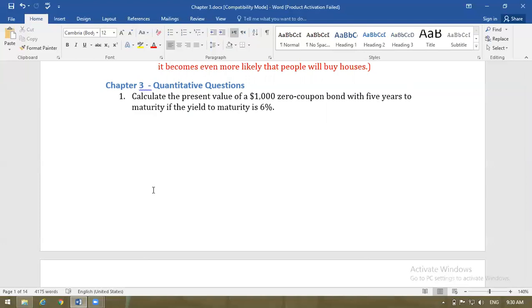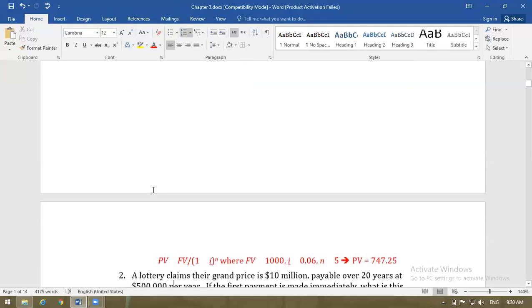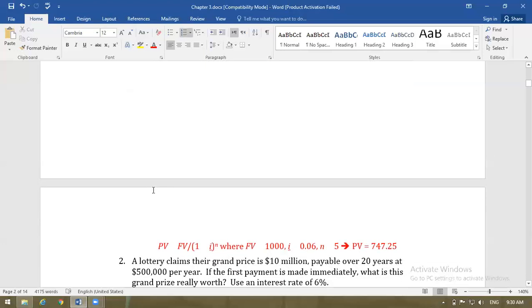So we are using the simple loan case formula, which is future value is equal to present value divided by 1 plus I raised to power n, or present value is equal to future value divided by 1 plus I raised to power n, where future value is 1000, number of years is 5, and interest rate is 6%. By using all this information, we can easily find out the present value is equal to 747.25.